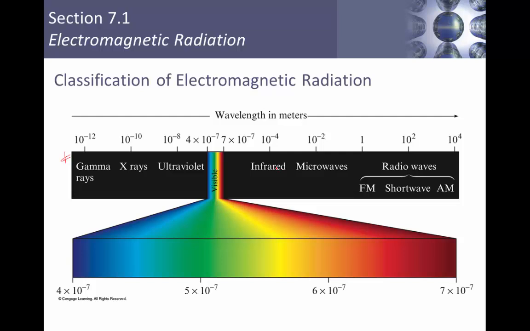And then the infrared, microwaves, and radio waves, we call these non-ionizing radiation. Now you might be thinking about microwaves and wondering, well, I know microwaves aren't good for me. That's because the microwave causes water to resonate. They have the same frequency.